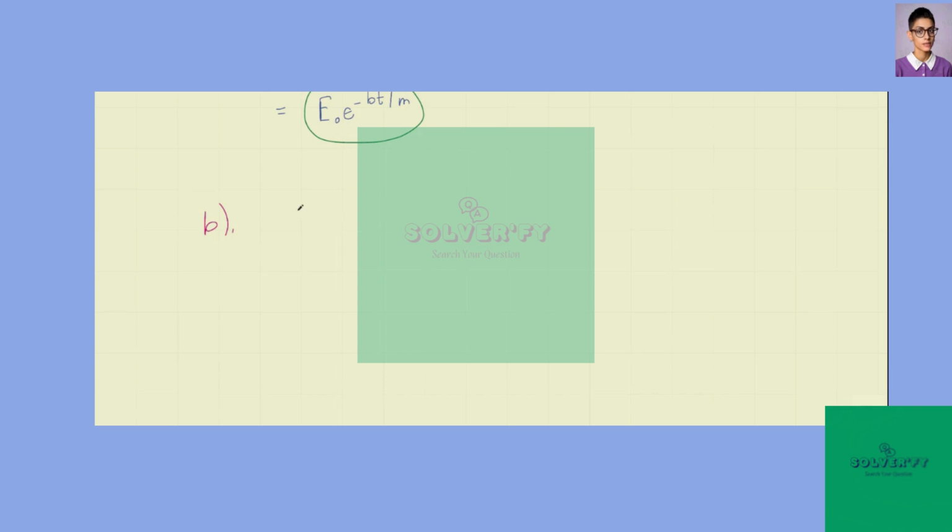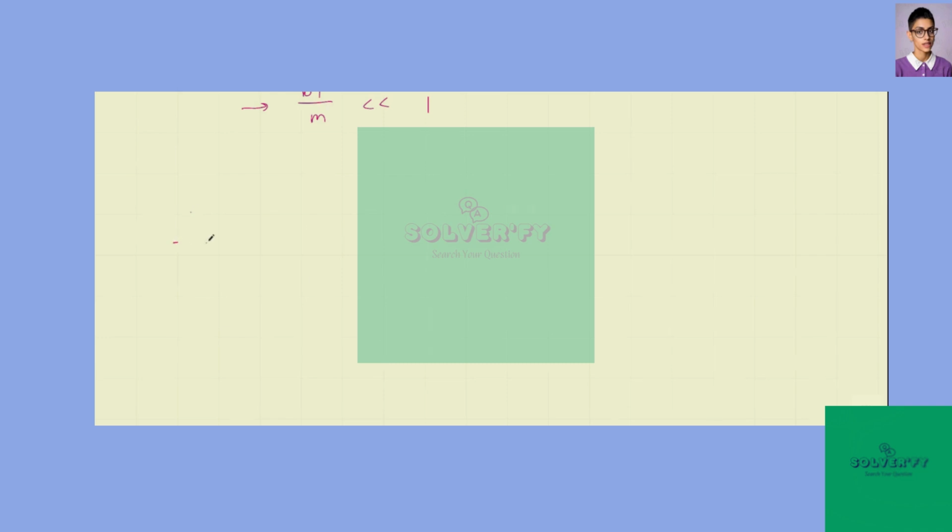Note again that we use the approximation that b over 2m is a lot less than the resonant frequency omega naught, which is 2 pi over the period T. And so this means that bT over m is much less than 4 pi, which means that bT over m is less than 1.